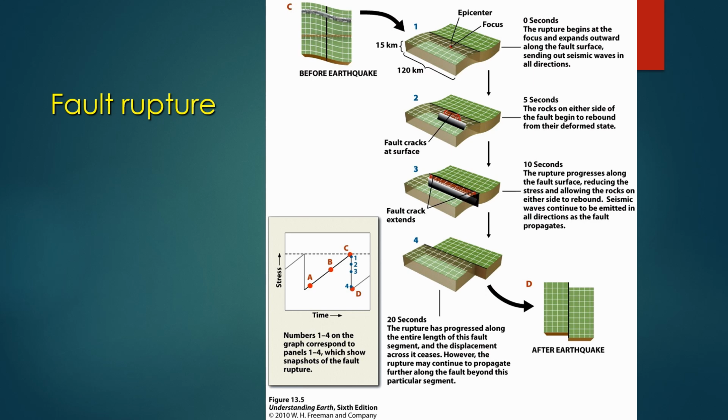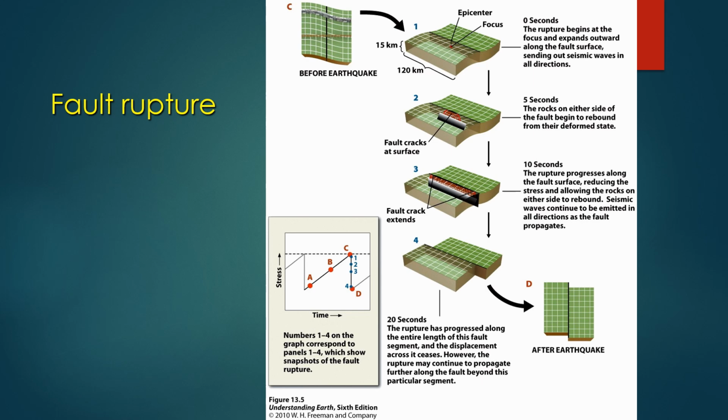Meanwhile, more energy is released and seismic waves are continually transmitted in all directions. 20 seconds after the shock, the rupture has progressed all the way along the fault segment, and the displacement ceases. However, the fault may propagate beyond its particular segment, and more aftershocks may occur.